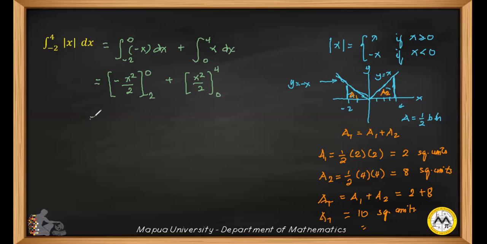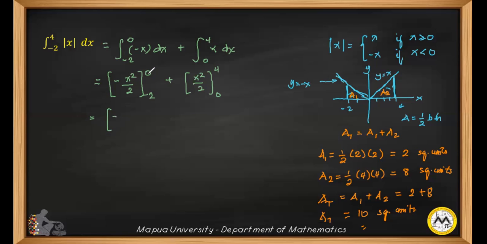Okay, if we are going to evaluate the definite integral from -2 to 0 of -x squared over 2, then this gives us negative, okay?